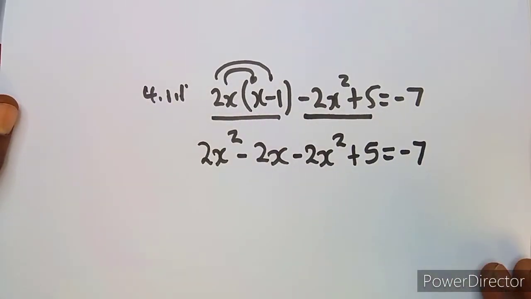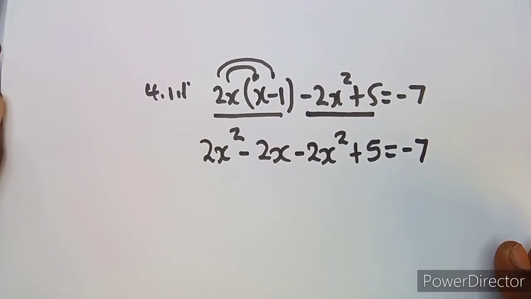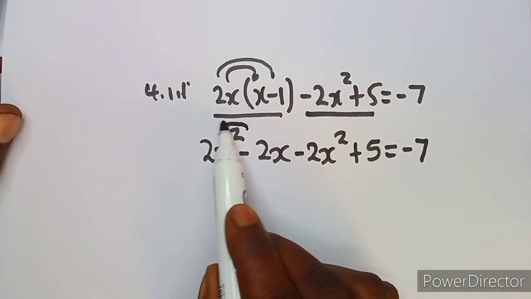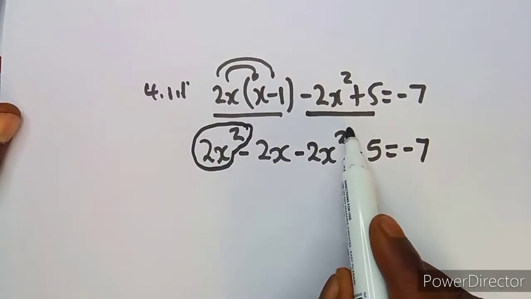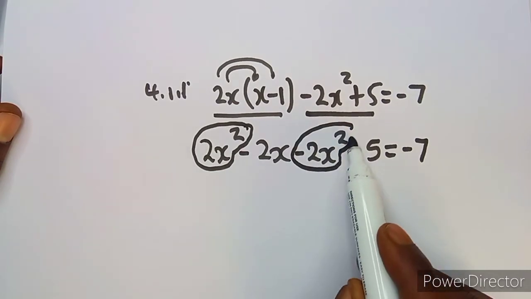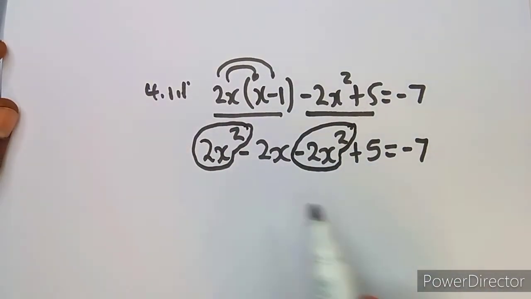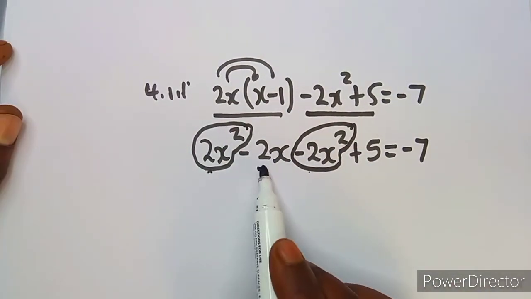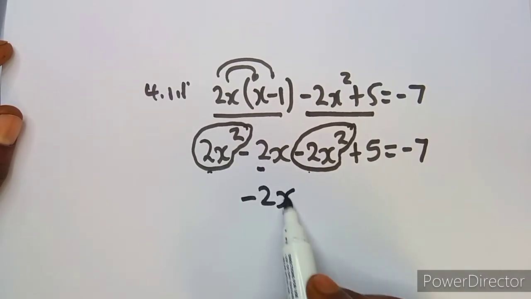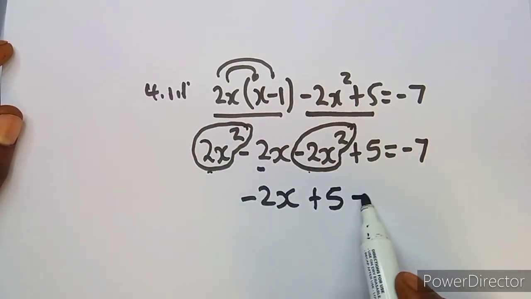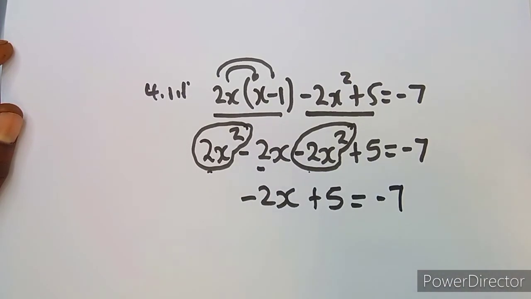Before you transpose the numbers, first see what you have there. If you collect like terms, you're going to see that we've got 2x squared here and minus 2x squared. These two can cancel each other. 2 minus 2 is 0. So you're going to be left with minus 2x plus 5, which is equal to minus 7.